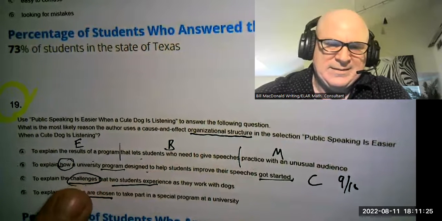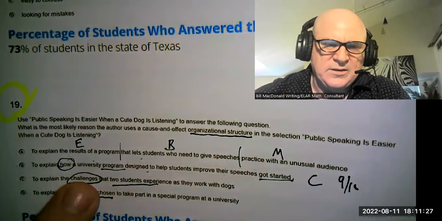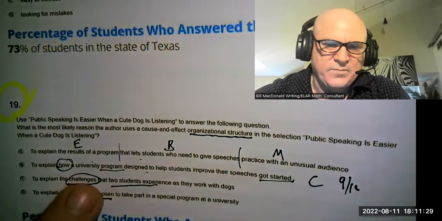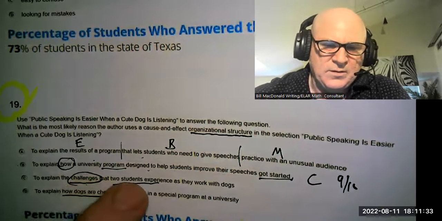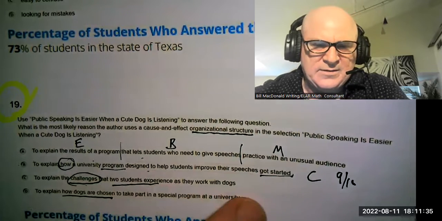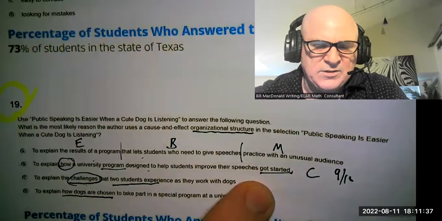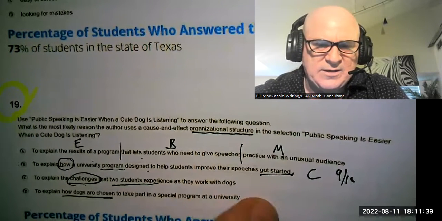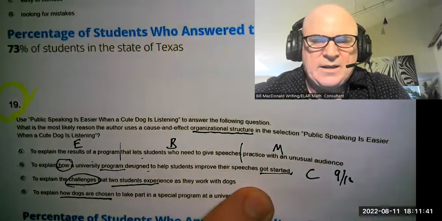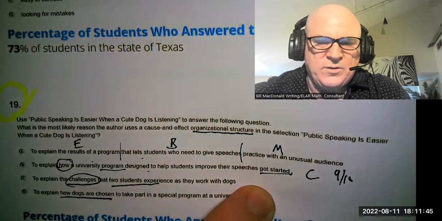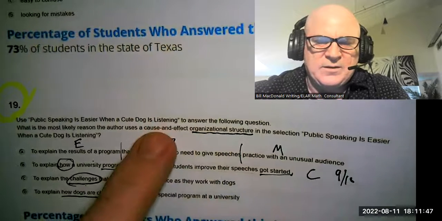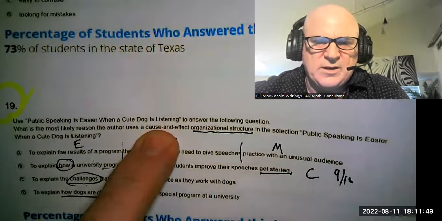And that's not a cause and effect relationship, because if it only talks about the challenges that the students have and doesn't say how they overcome the challenges, that's not a cause and effect relationship. So you can't pick an answer that is not set up with the structure that the question is talking about.